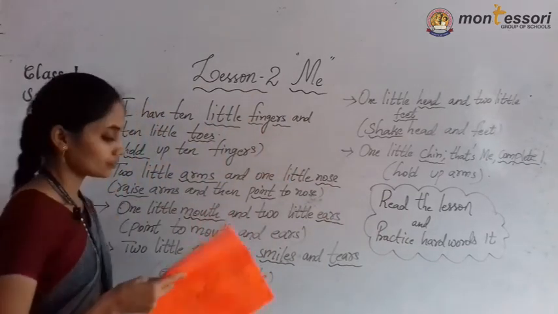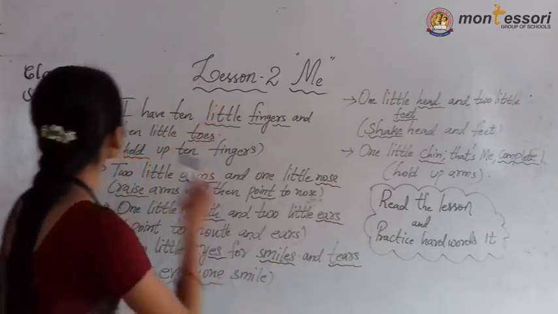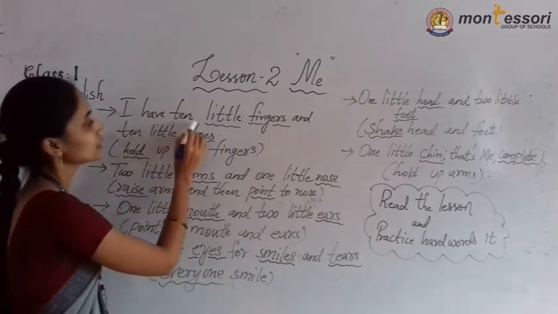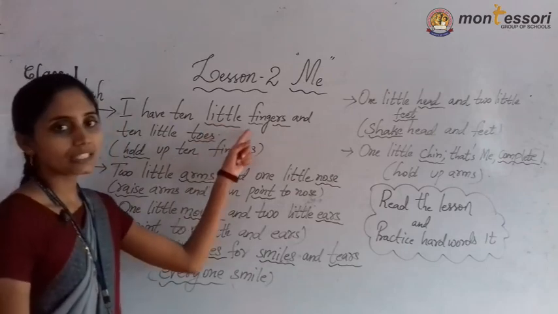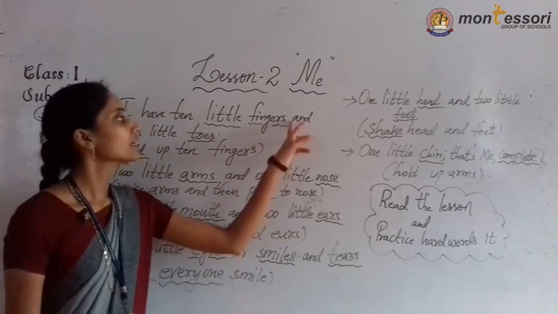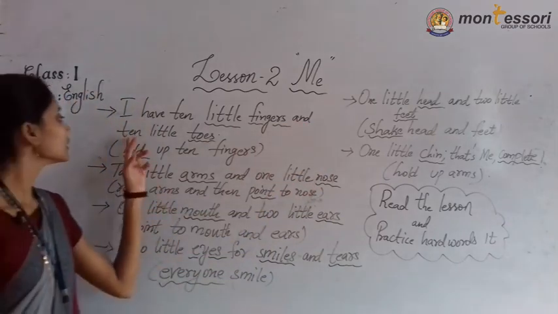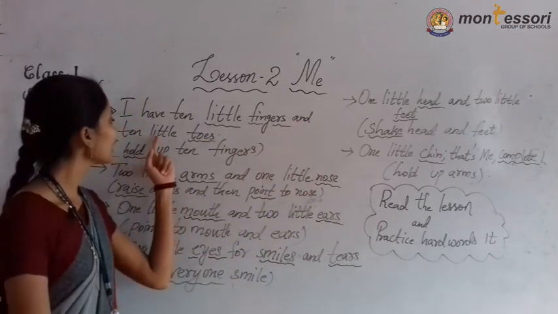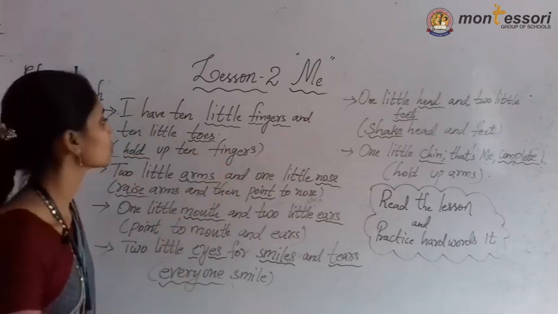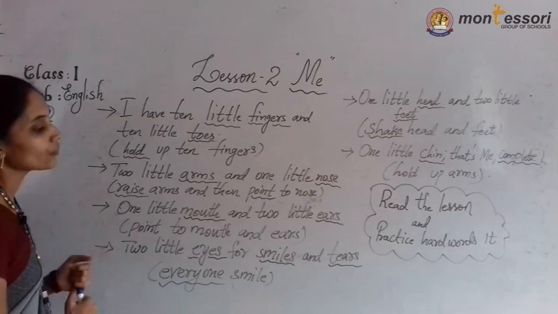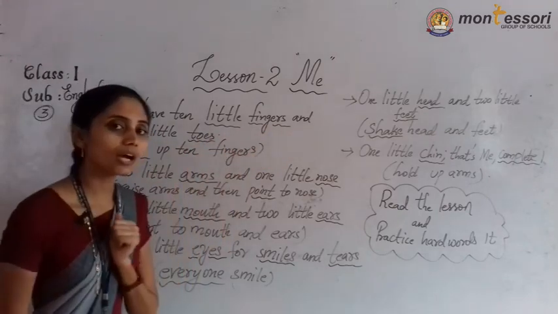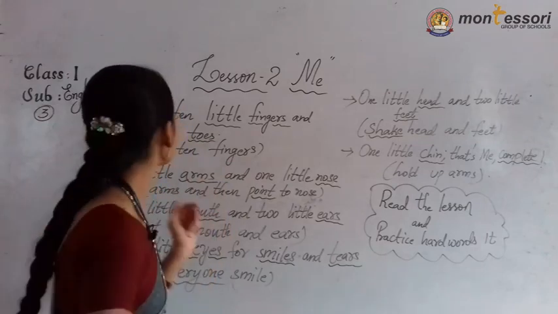Now, have ten little fingers and ten little toes. How many fingers you have? 10 fingers. How many toes you have? 10 toes.